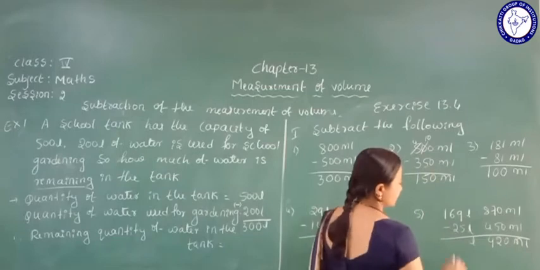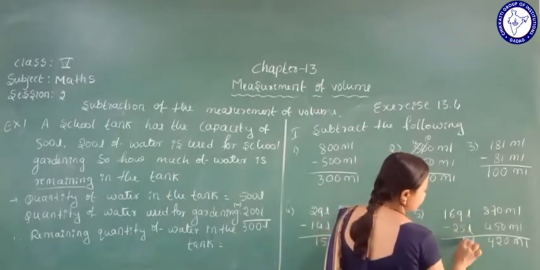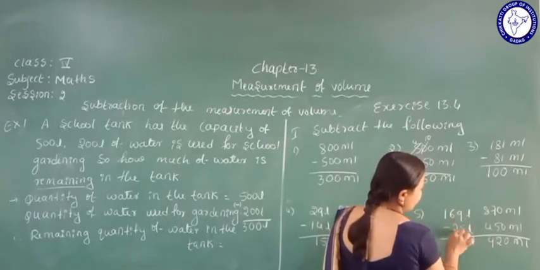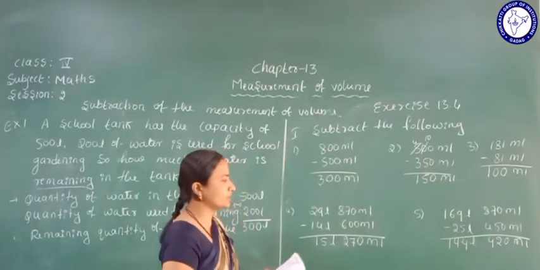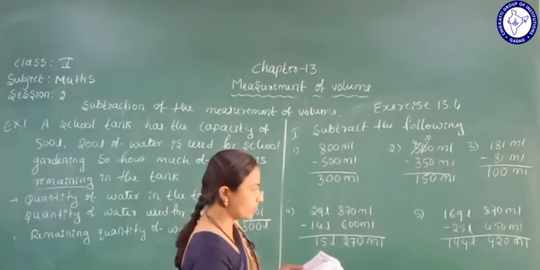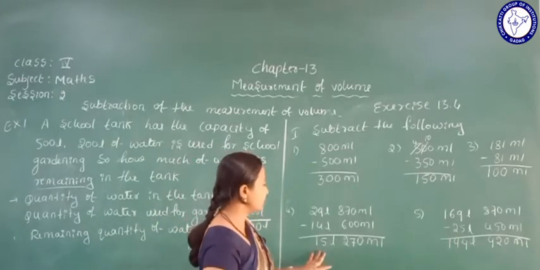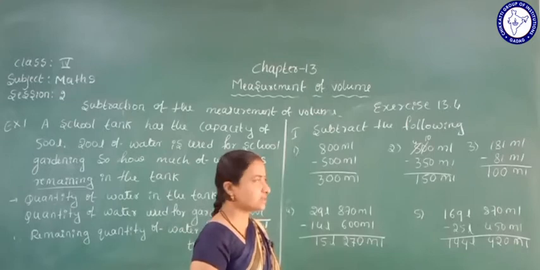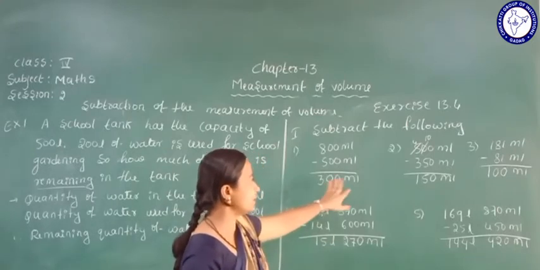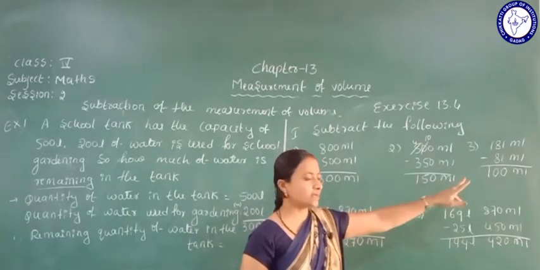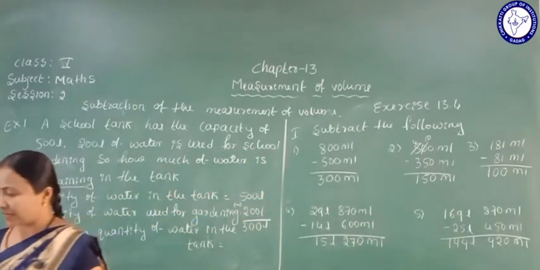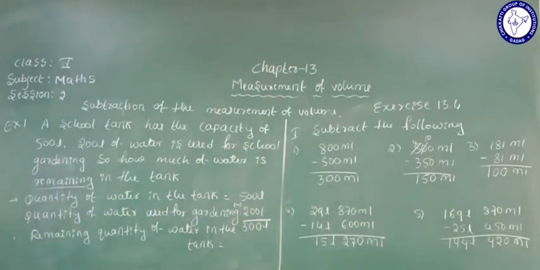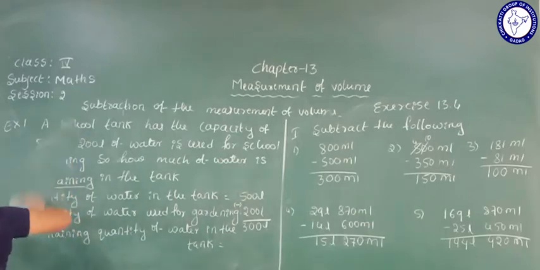Next, 9 minus 5 is 4, 6 minus 2 is 4, 1 remains, so 144 liter 420 ml. So the answers are 300 ml, 150 ml, 100 ml, and 15 liter 270 ml. This is the first main. Next we will see the second main.